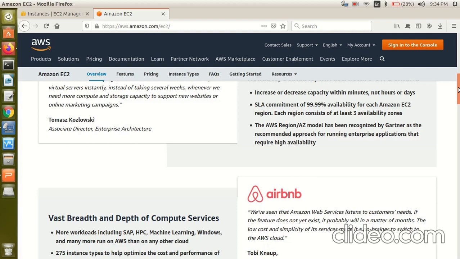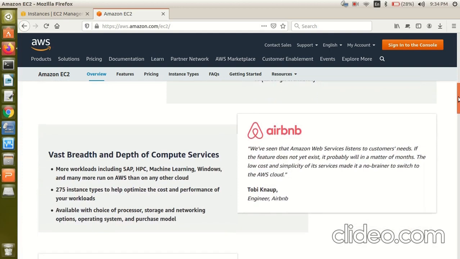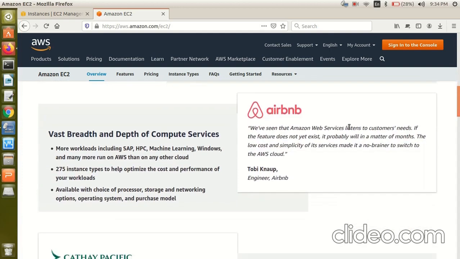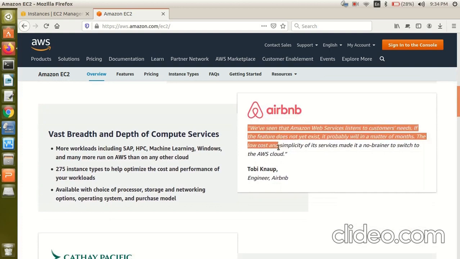Another testimonial that we can see here is of the tourism company Airbnb. They say that we have seen that Amazon Web Services listens to the customer needs. If a feature does not yet exist, it probably will in a matter of months. The low cost and simplicity of its services made it a no-brainer to switch to the AWS cloud.